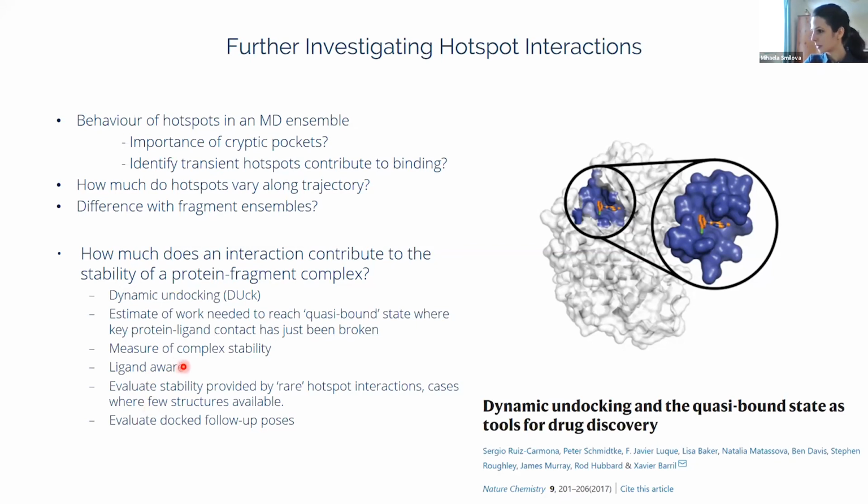And it could be an interesting way to look at the stability that's provided by these rare hotspot interactions that perhaps we see in a subset of the ensemble, and also as a way to possibly evaluate the docked follow-up poses that score favorably with hotspots.